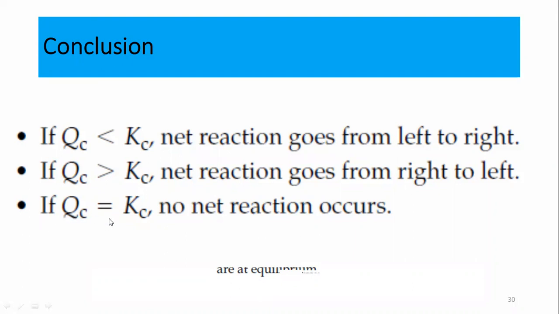And if both values are the same, then there is no net reaction, that means the reaction is at equilibrium. So this is all about predicting the direction of chemical equilibrium based on the value of KC.